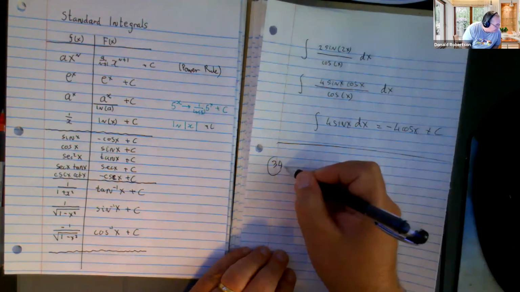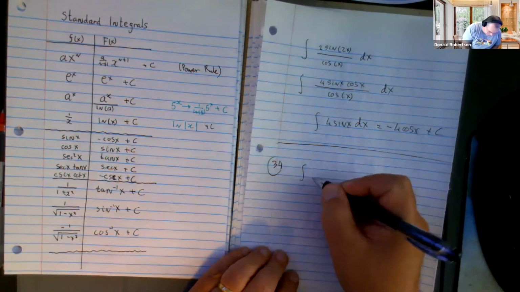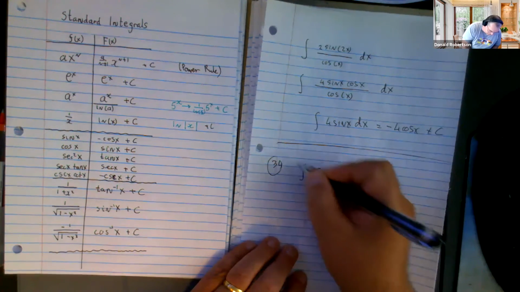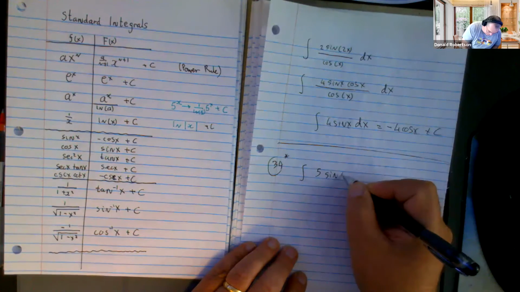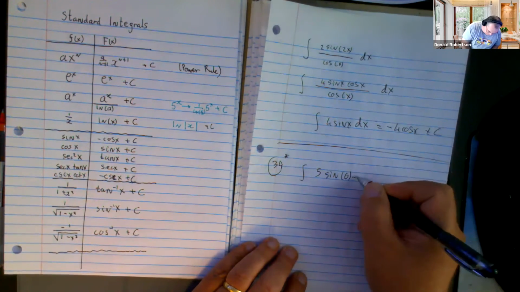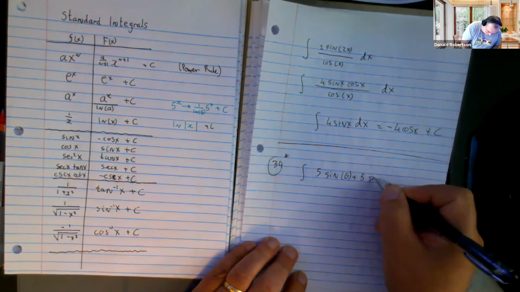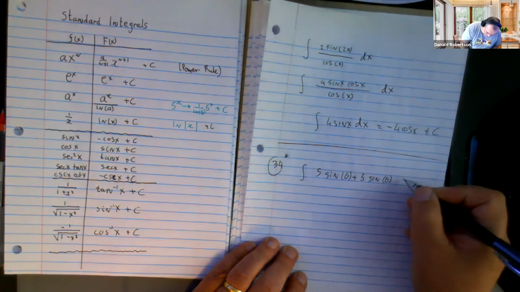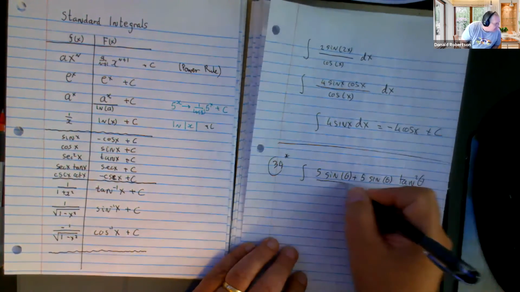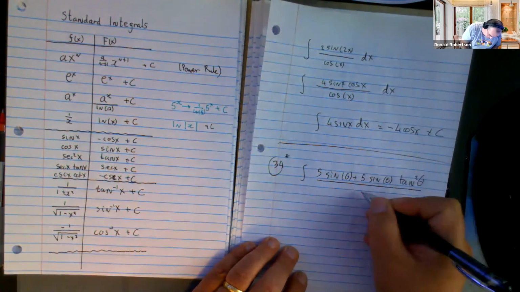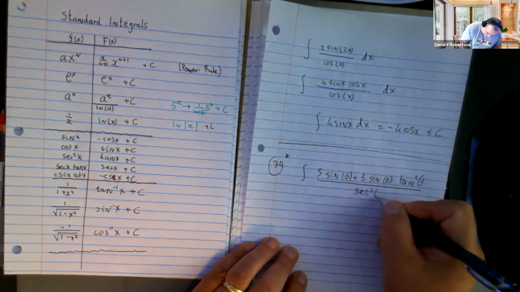But the one I'm about to do is a version of question 34. And it's 5 sine theta plus 5 sine theta tan squared theta. And the whole thing is going to end up being secant squared theta.